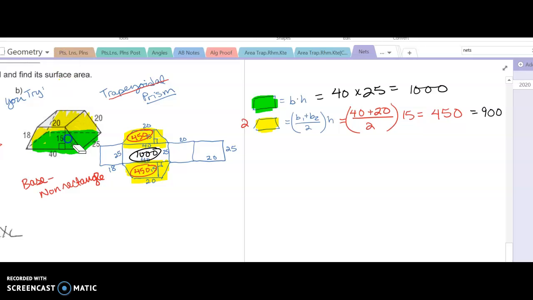Let's go next to this right hand side here. That would be this guy right here. So we're looking at 20 times 25 base times height. Gives us 500.